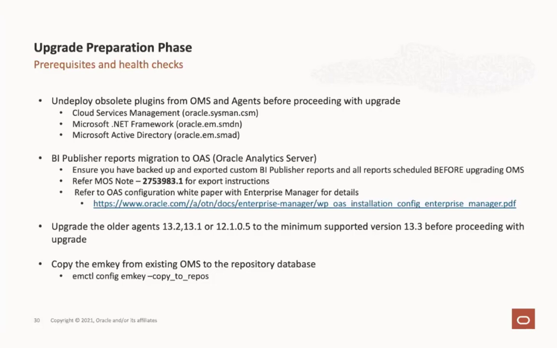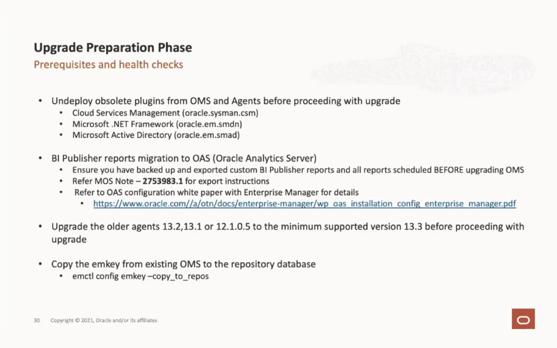So we highly recommend that customers, as part of the preparation planning step, if you have older versions, make sure you upgrade those agents to the latest supported version, and then you can plan for your upgrade. Otherwise, you will be blocked in the upgrade, and you definitely have to find a way. Either you can upgrade the agents, or you can totally decommission those agents if you don't require them any more in the system. That is one of the important things.